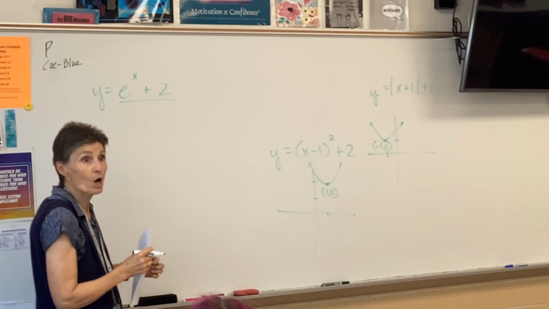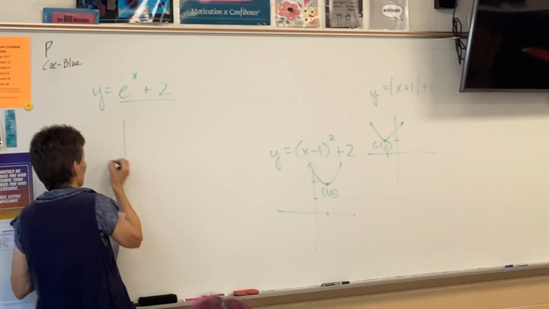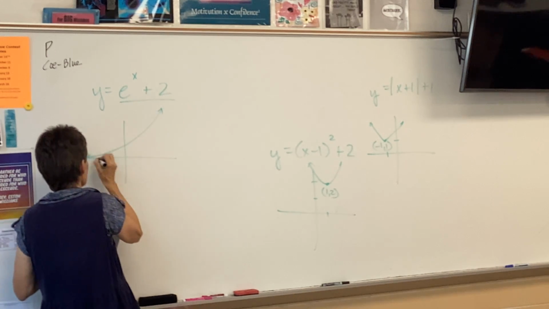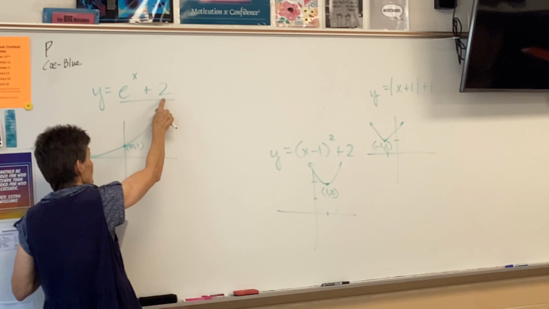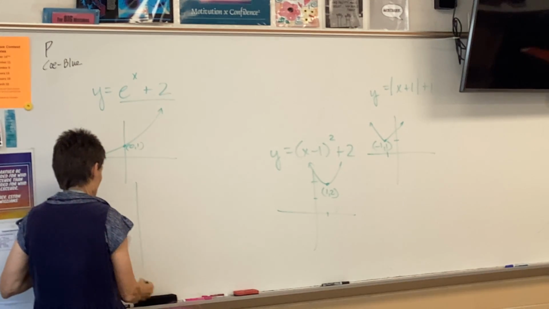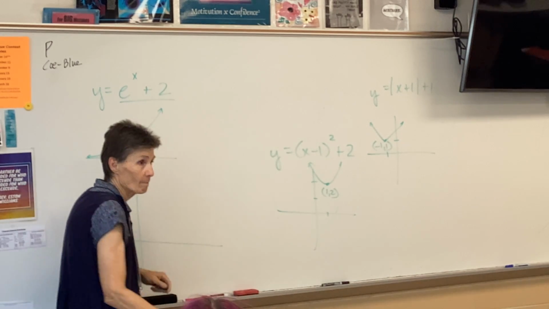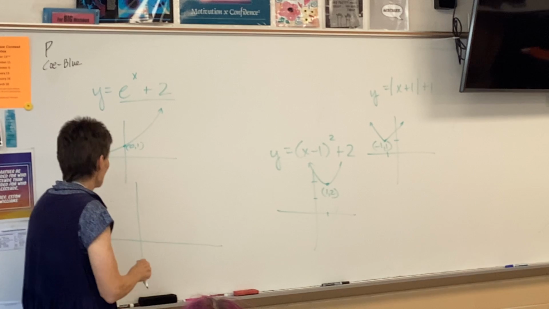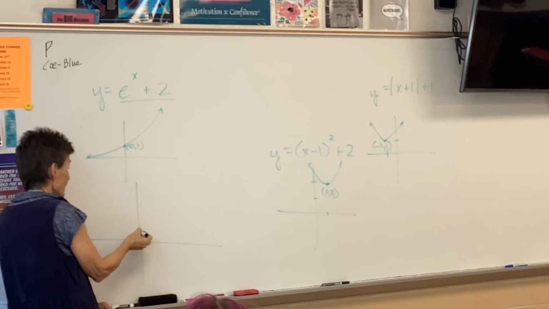Alright, so we know what e to the x looks like. e to the x looks like this. Up 2. So that means this asymptote right here has to go up 2.